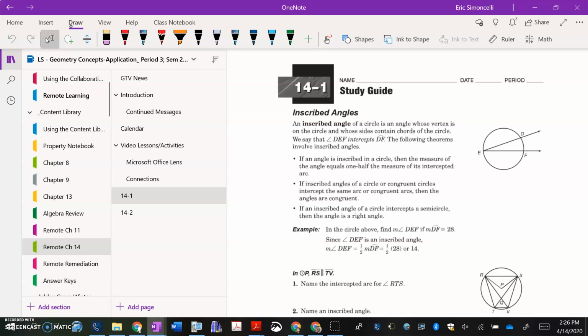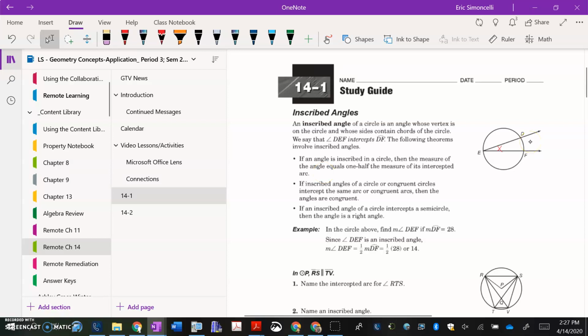Let's actually use the picture to our advantage here. So if an angle is inscribed in a circle, we're going to go ahead and call this simply x. It could be a degree value very specifically that we can then interpret. Then the measure of the angle is equal to 1/2 the measure of the intercepted arc.